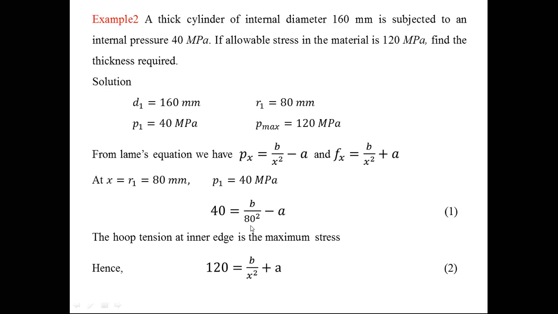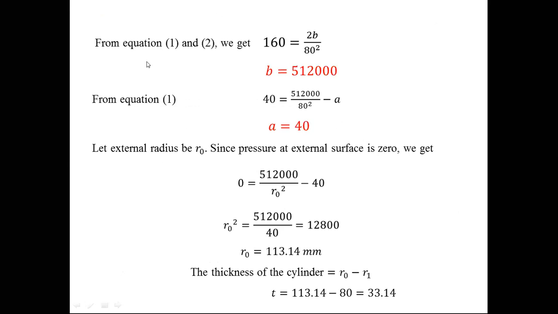So from equation 1 and 2, you get the constants A and B. B is 512,000, and using equation 1, A is 40. After finding the constant B, to design the thickness of the cylinder, you need the outer radius of the cylinder.